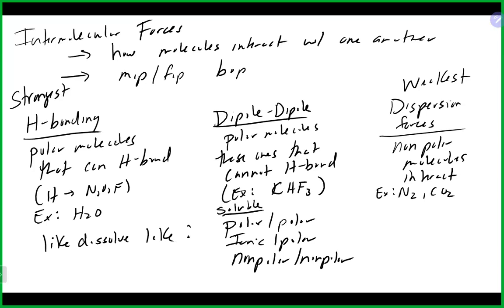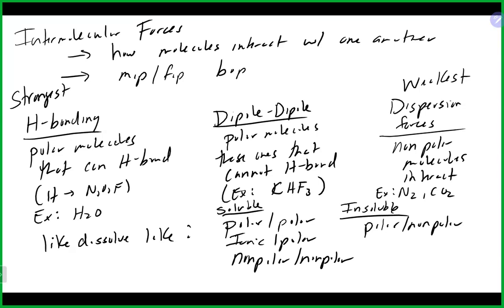They will mix and they will interact really well. Like we saw in some of those examples in the experiment we did last week, when the ionic guy dissolved in the water, but not in the nonpolar solvent. When we have the crossover, that's when we get our insoluble. When we take something that is polar and nonpolar together, that is when you're going to get some trouble. They're not going to be able to interact.